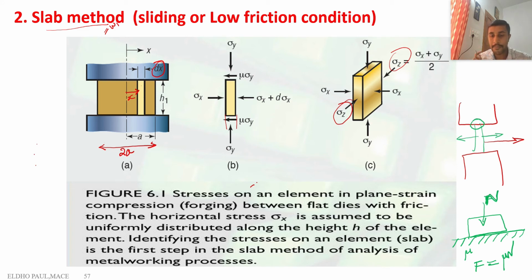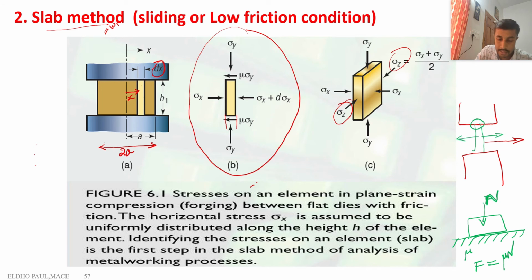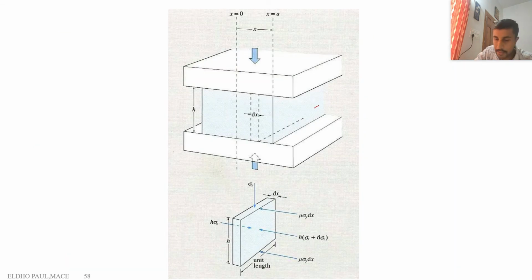So I take an element here. Already I explained the different types of stresses acting on this element. So this is the element which is shown here, the corresponding element, this one. It has a dx thickness, sigma y, which is acting in the vertical direction, compressive force. For the deformation, we need to apply compressive force.